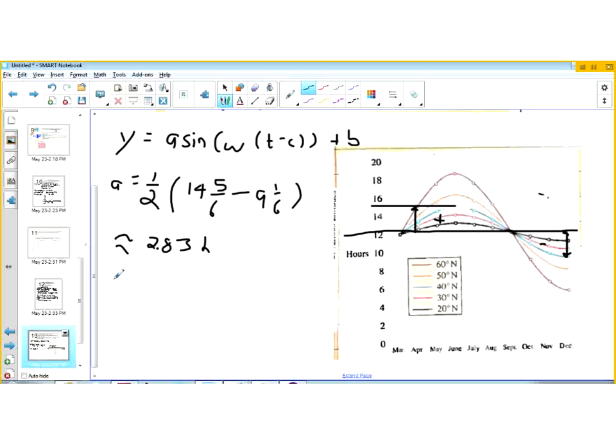All right, so what is the period? Well, omega, since there are 365 days in a year, would be 2 pi over 365, so that's approximately 0.0172.